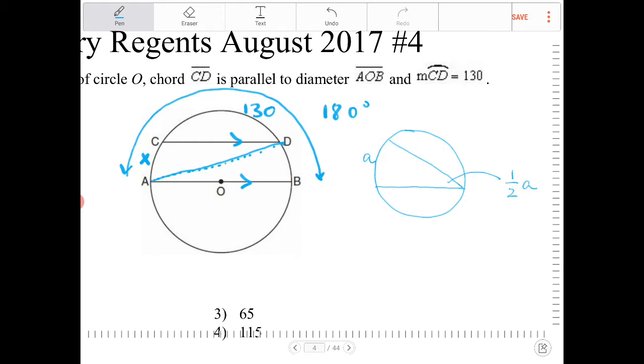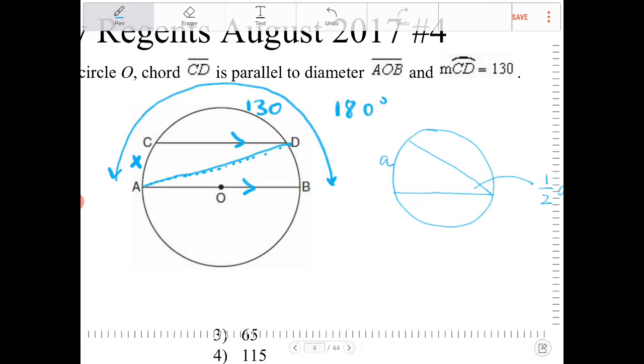So why is that important to know? Well, if angle CDA is 1/2 X, what would angle DAB equal to? Angle DAB would also equal 1/2 X.